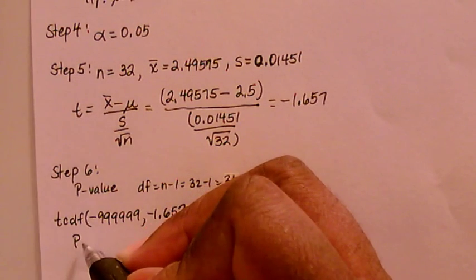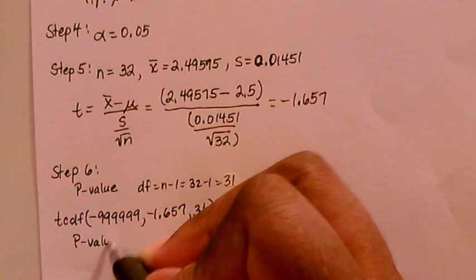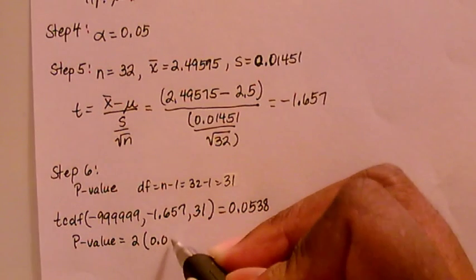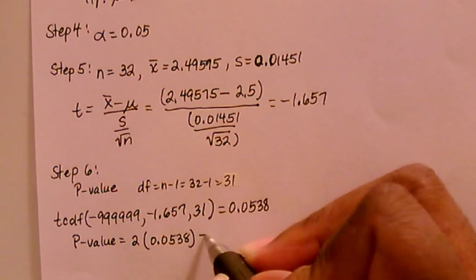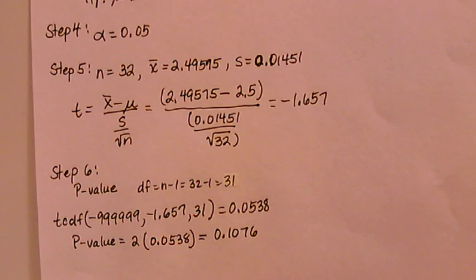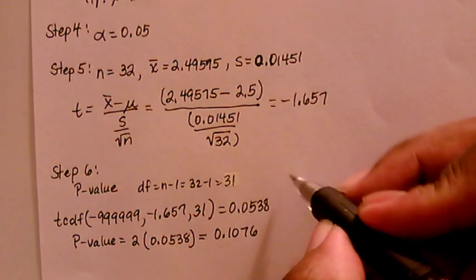So when you find the p-value, that's going to be 2 times 0.0538, which would give you 0.1076. So the p-value here is 0.1076.